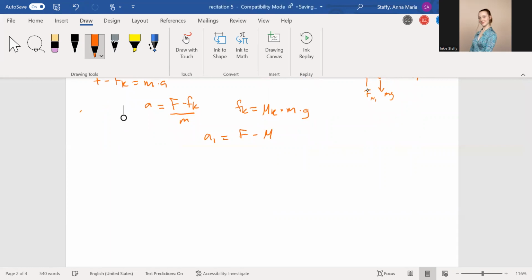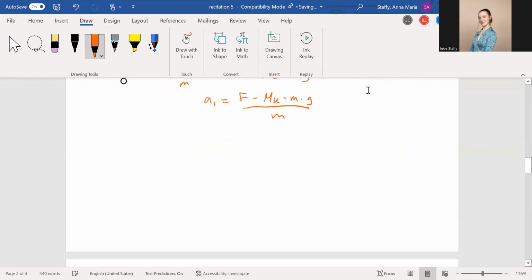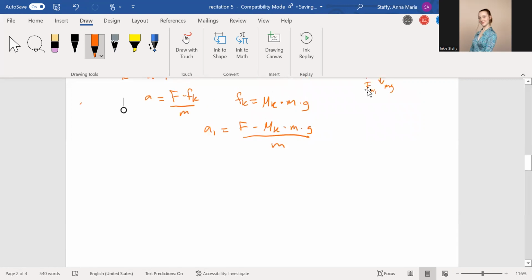And so the acceleration of box A is this. That was really discoverable by just drawing that little diagram. And for the bottom one, I would assume the acceleration of big M is just the force onto M2. It only has one type of force, and it is that friction.